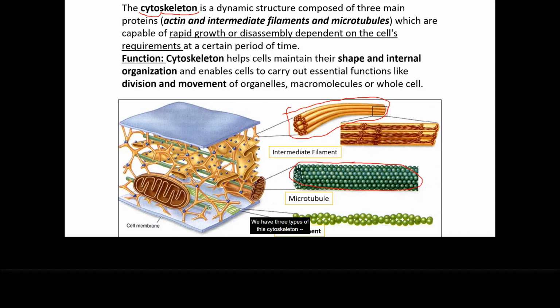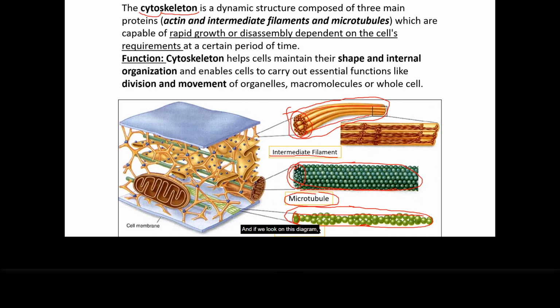We have three types of these cytoskeleton proteins, and we have actin. It's a smaller size in here. This is the actin. Then we have intermediate filaments. The size of this tubule structure will be medium. And then we have microtubule. Microtubule is a larger diameter tube.